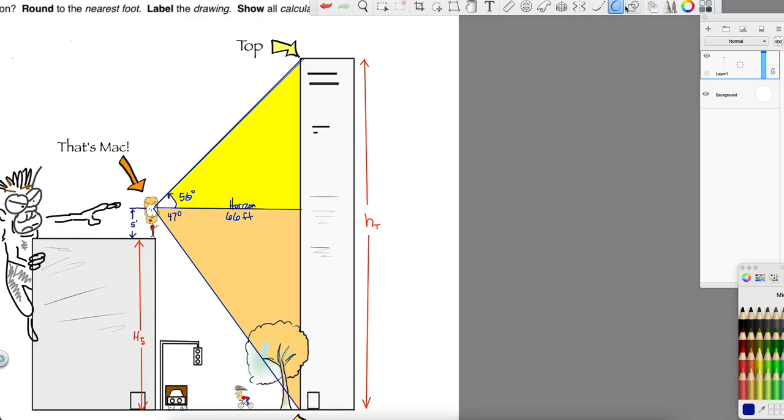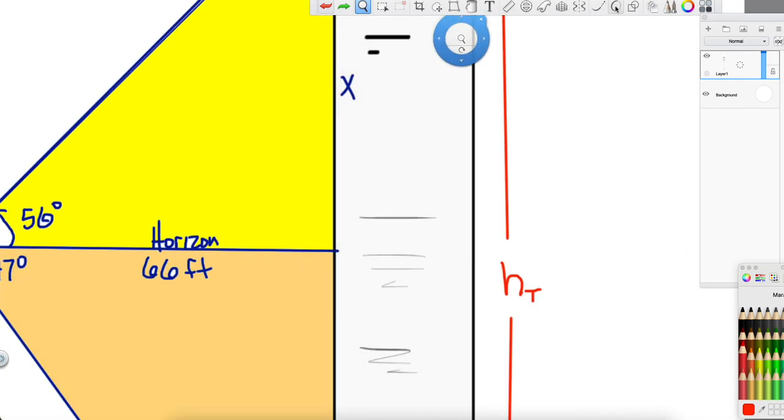We don't know the length of those two legs. How about we call this one X and we call this one Y, and we know that horizontal segments and vertical segments are perpendicular. Of course, we're assuming that the building is vertical, and I think that's a good assumption.